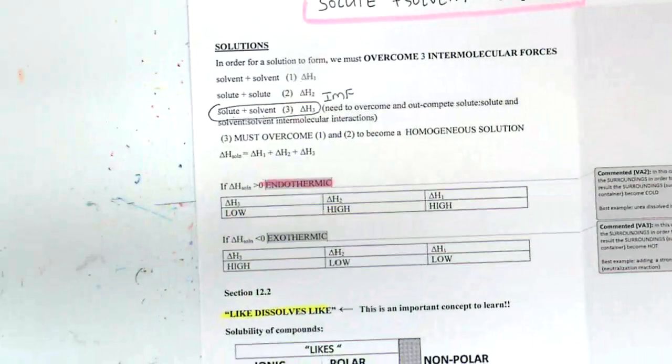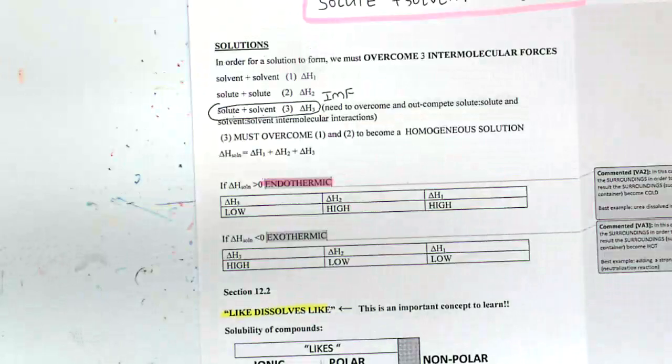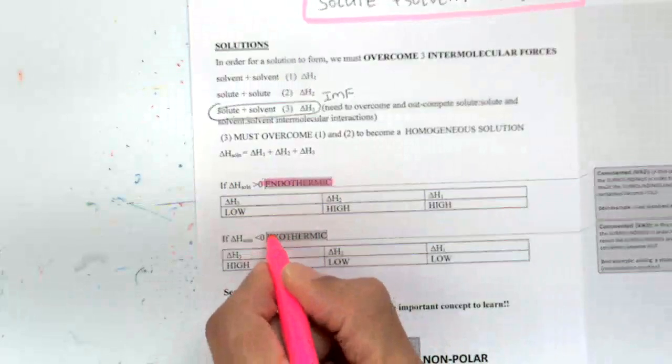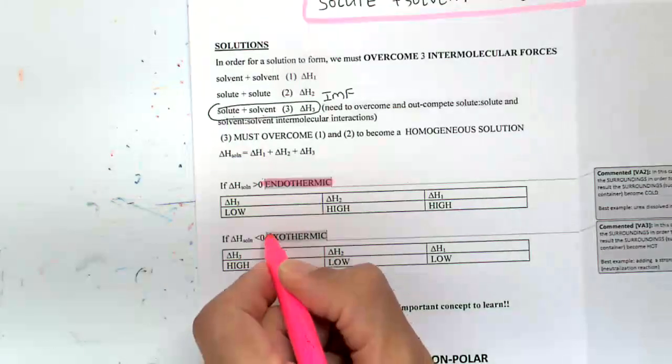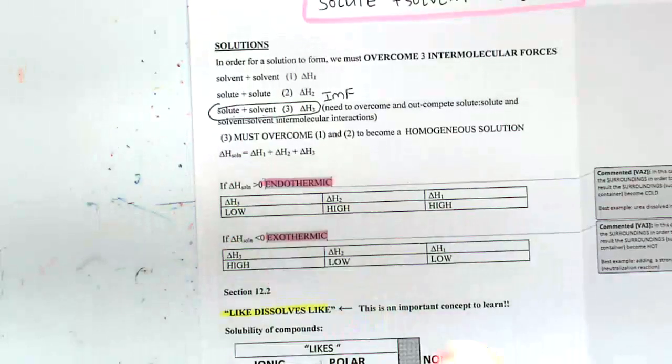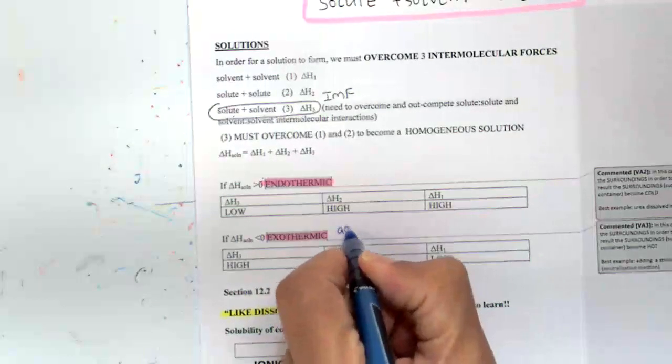So that would be an endothermic solution. And sometimes to become a solution, it just happens so fast, so quickly, that it becomes exothermic. So sometimes you need to add heat to become a solution, get some help.